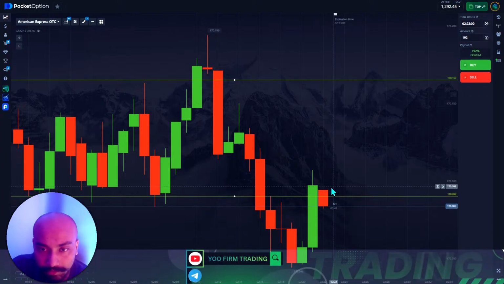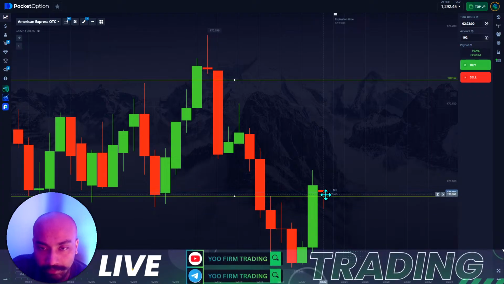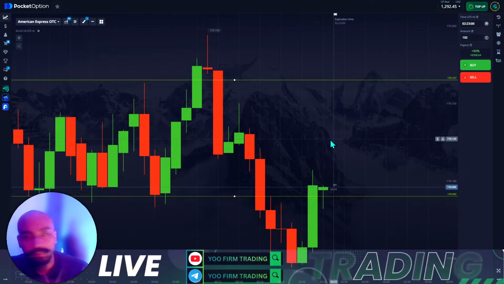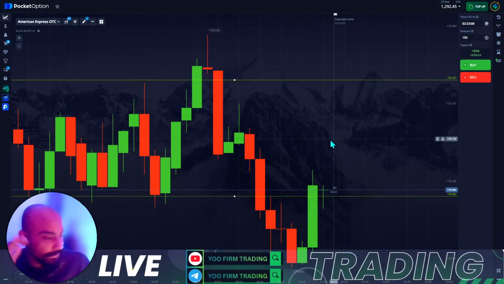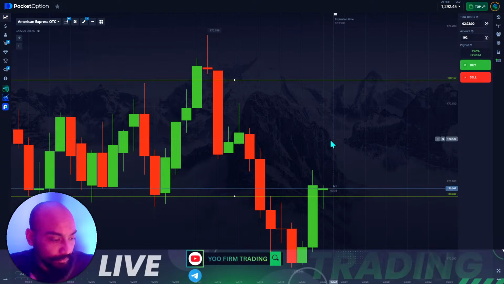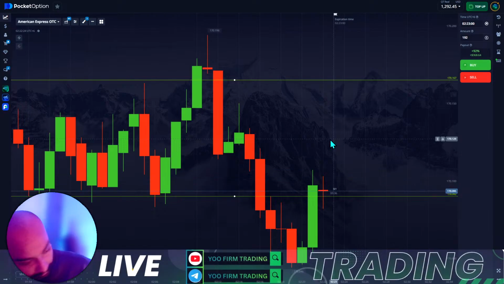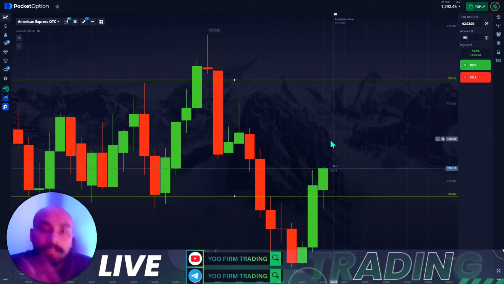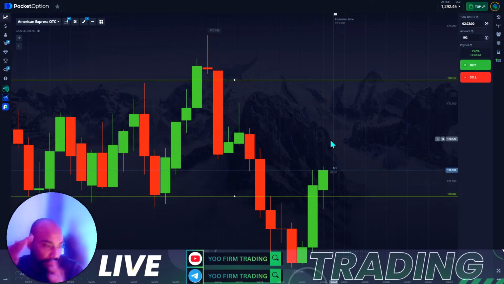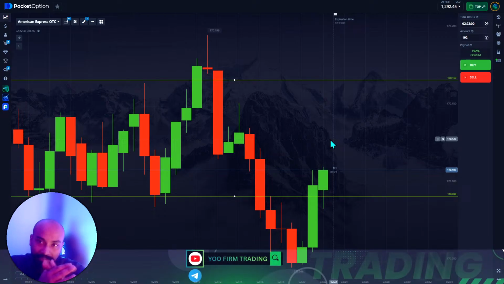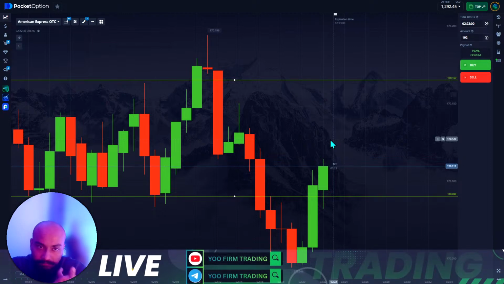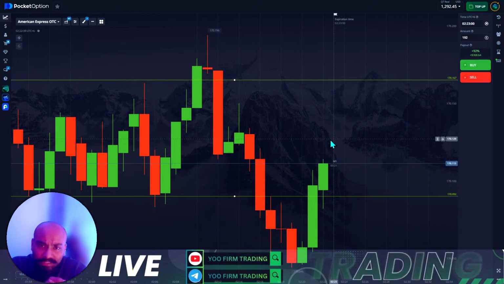So you might think, let's treat it like a support and then take a trade for upside, but that's not going to happen immediately. You will see it's like 50-50 chances on doing trades in this movement. So yep, but after this candle I might take a trade.